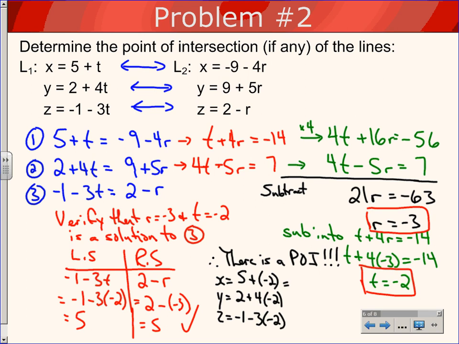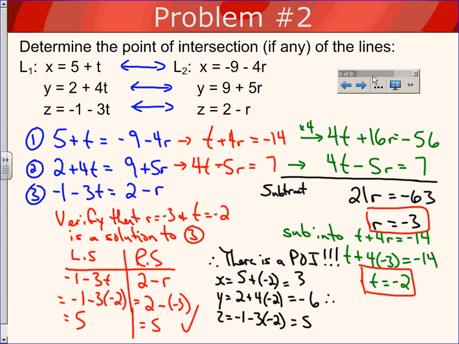And that'll give us the point 3. I'm really worried that I'm going to make calculation errors after that. Bungle with the 9 and the 5. That's a 5 there. I'm really short on space. Let's get this guy out of there. So therefore the POI is 3 minus 6 and 5. So we get our point of intersection.